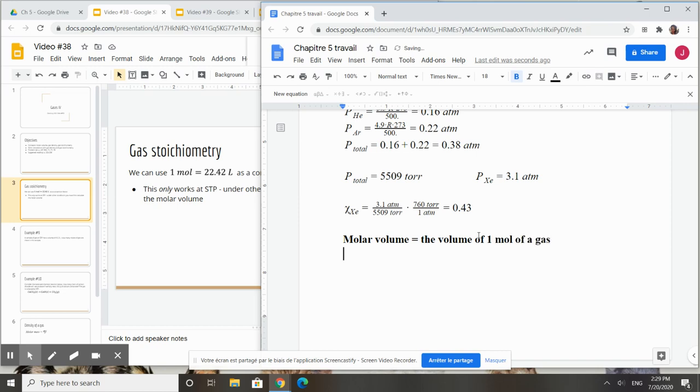So molar volume is just the volume of 1 mole of a gas. So what you would do is you would plug in 1 for the number of moles. R is the same. At STP, it's 273.15, and the pressure is 1 atm.